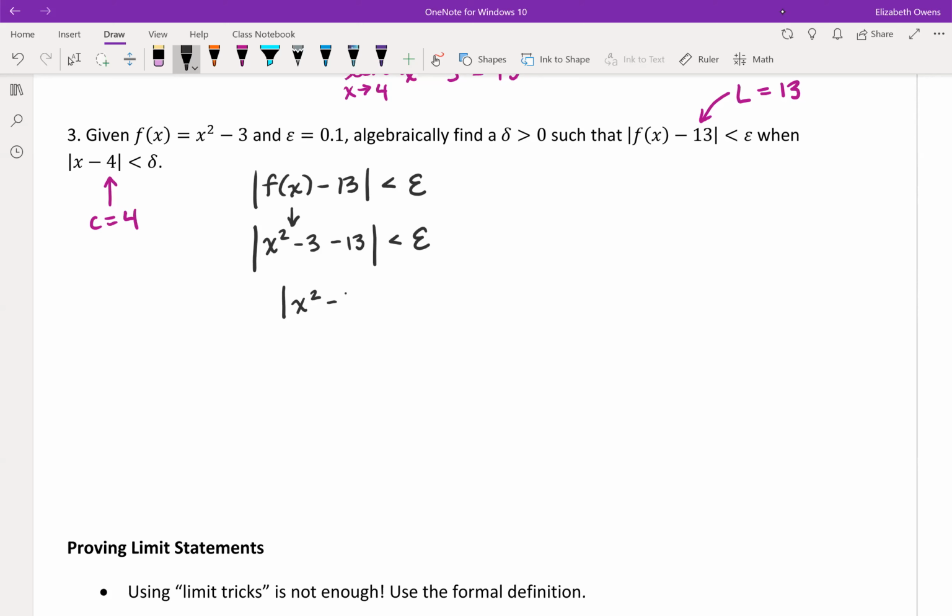That'd be x squared minus 16 there, is less than epsilon. But we also know what epsilon is. Epsilon is 0.1. So let's put that in too. We could have done it in this previous step. Epsilon is 0.1.